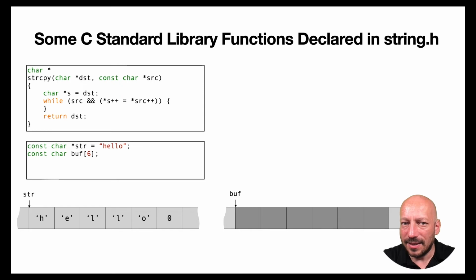That means in this example, everything works fine because I have a buffer that is sufficiently large to also include this 0 byte. But if I would have forgotten that I have to count in the 0 byte, if I just would have chosen for the size of the buffer the length of the source string without adding 1, then I would have a problem.